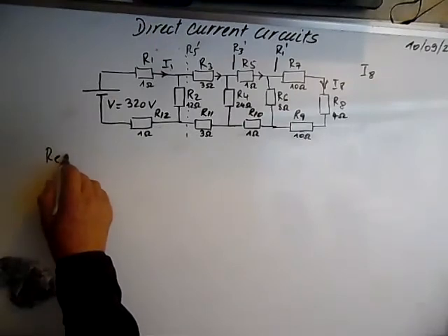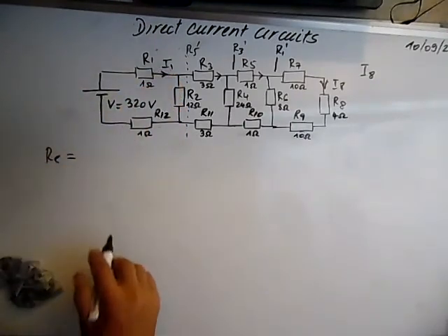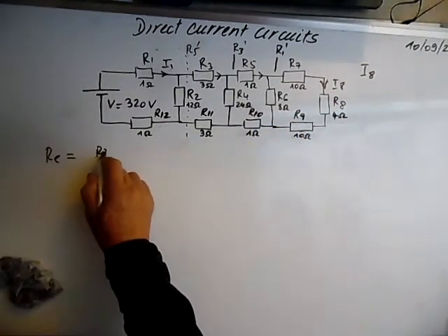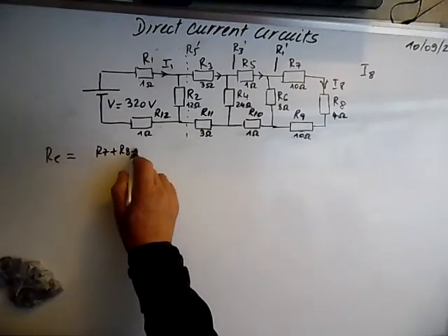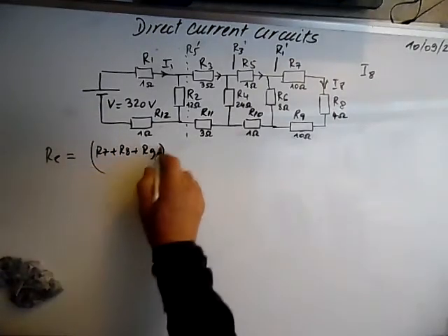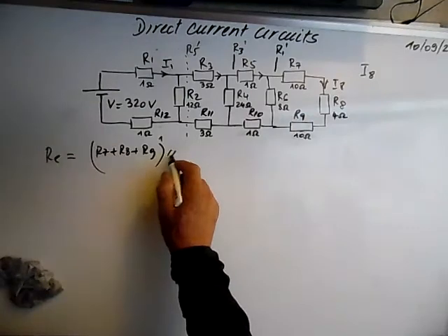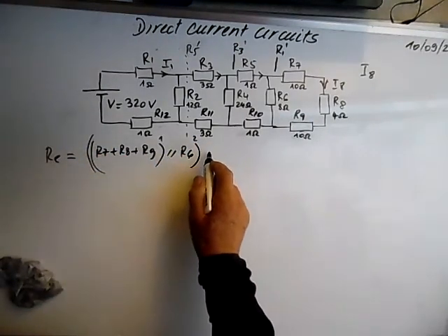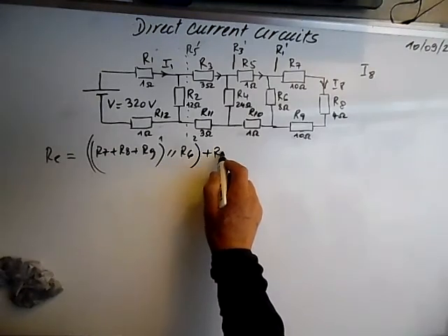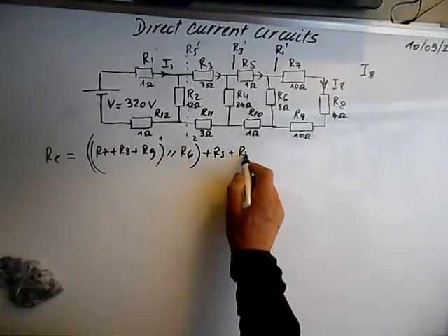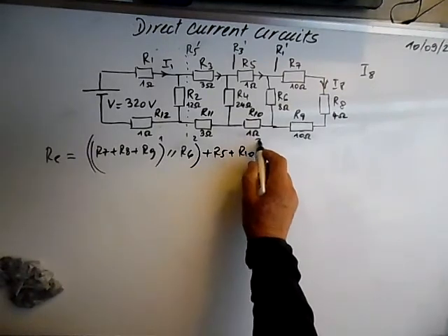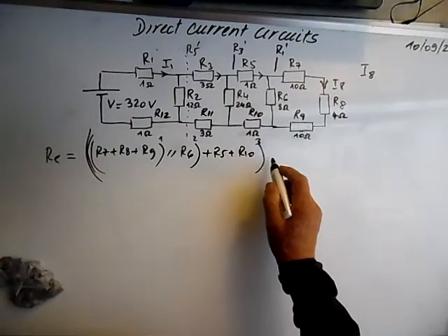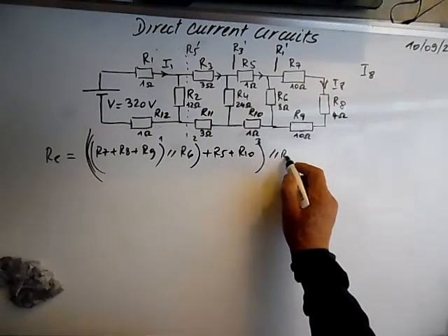Let's calculate our equivalent resistance to calculate I1. So these are in series, R7 plus R8 plus R9. This is the first step. Later they're in parallel with R6, second step. Later they're in series with R5 and R10. This is the third step. And later we have them in parallel with R4.